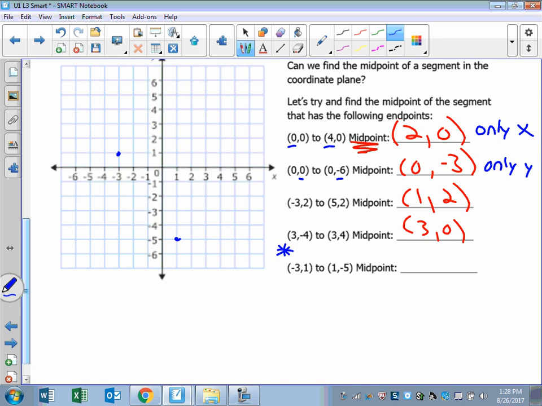The third one, again, the x changed, from negative 3 to 5. We needed something that was equidistant between those two numbers, but the x was the only thing changing. And then for the fourth one, only the y changed.